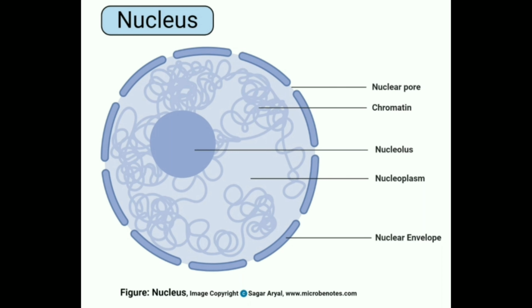The nucleus regulates and controls all the functional and structural units of a cell, and it also stores the cell's hereditary material or DNA. The nucleus has the nuclear membrane that encloses its contents from the cytoplasm. It also has a nucleoplasm which is similar to the cytoplasm in a cell.